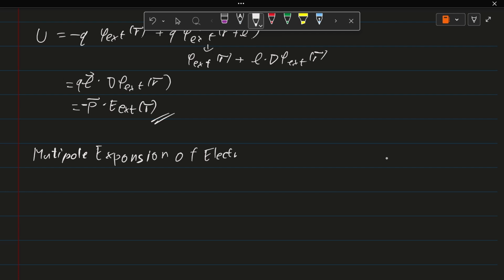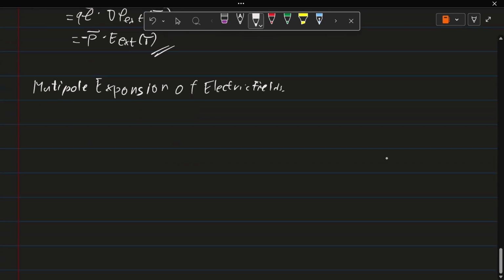This multipole expansion will be done for the following potential function: 1 over 4 pi epsilon 0 of the integral of rho of r vector prime over the length of r vector minus r vector prime, dv prime.